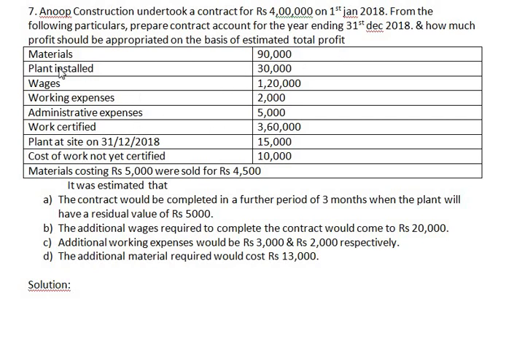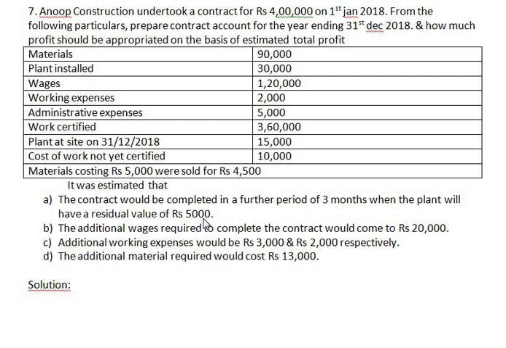Expenses given are materials, plant installed, wages, working expenses, administrative expenses, work certified, plant at site on 31st December, and cost of work not yet certified. Materials costing rupees 5,000 were sold for rupees 4,500. It was estimated that the contract would be completed in a further period of 3 months, when the plant will have a residual value of rupees 5,000.